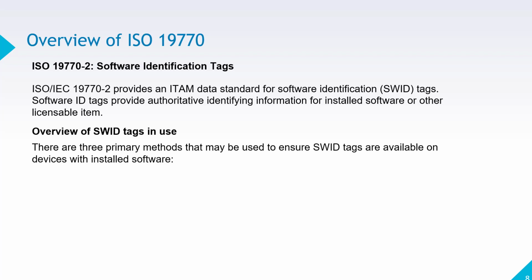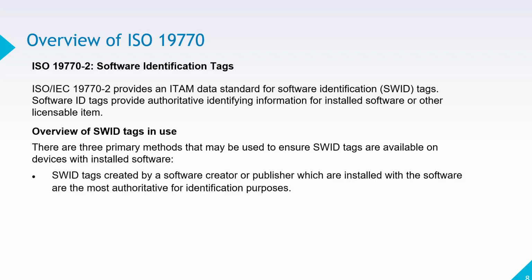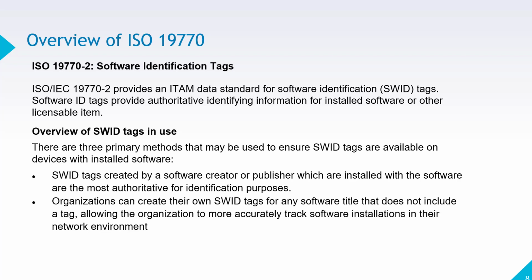There are three primary methods that may be used to ensure tags are available on devices with installed software. Tags created by a software creator or publisher which are installed with the software are the most authoritative for identification purposes. Organizations can create their own tags for any software title that does not include a tag, allowing the organization to more accurately track software installations in their network environment.